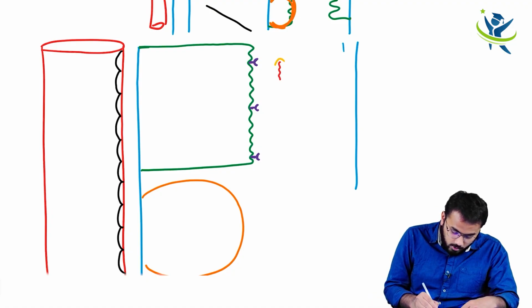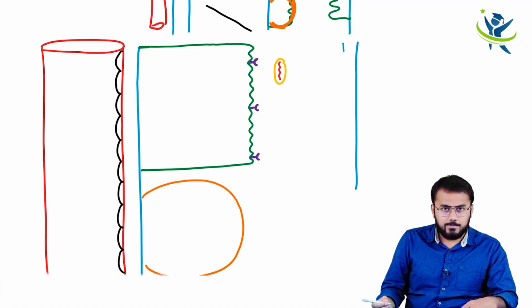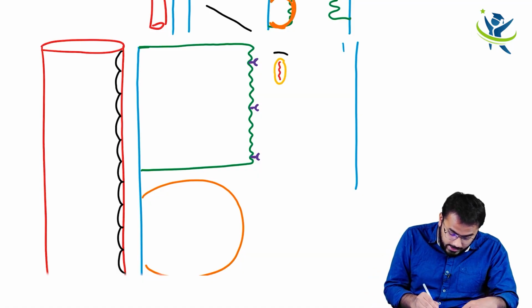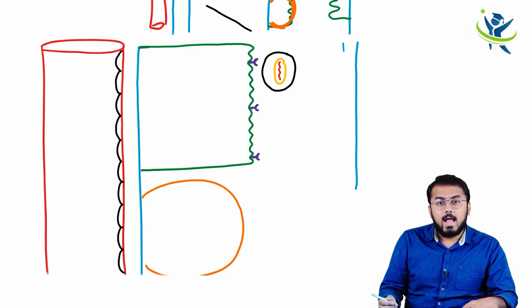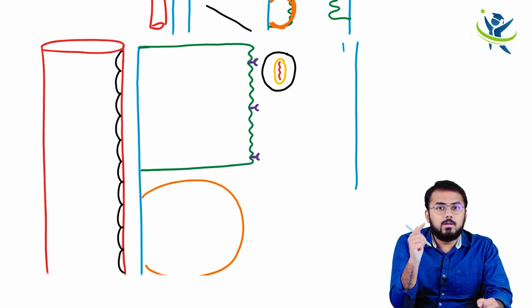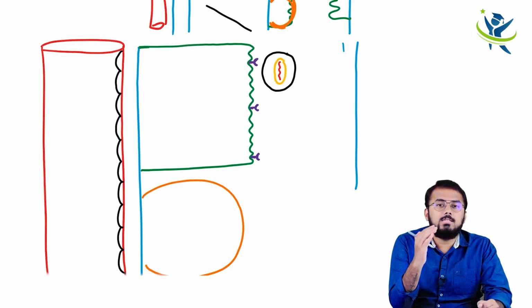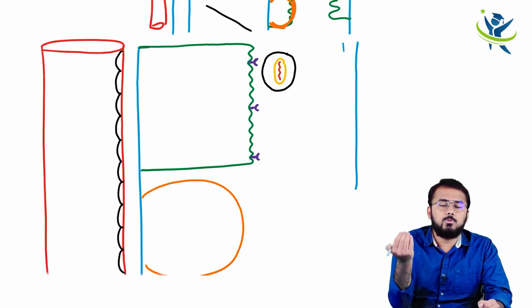Surrounding this, I have got a nucleocapsid. Surrounding that, I have got an envelope like this, a double layered envelope. And on the envelope, as I told you previously, there are two types of proteins. One is called the fusion protein, another one is called the HN protein, the hemagglutinin-neuraminidase protein.